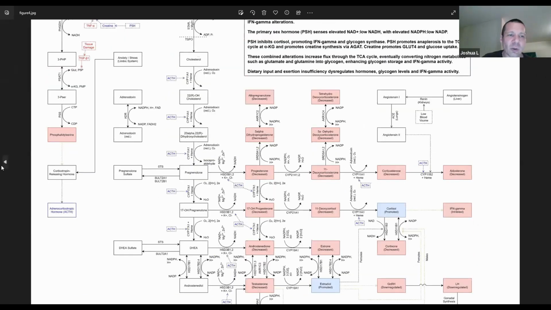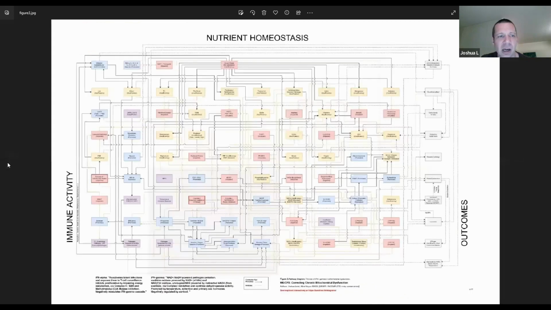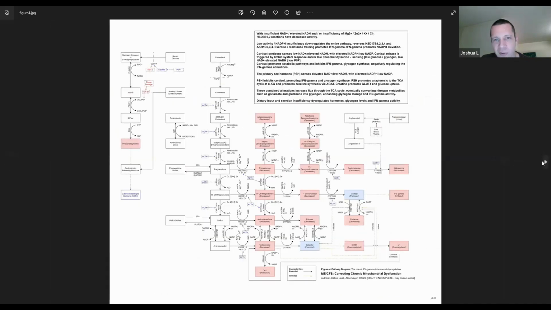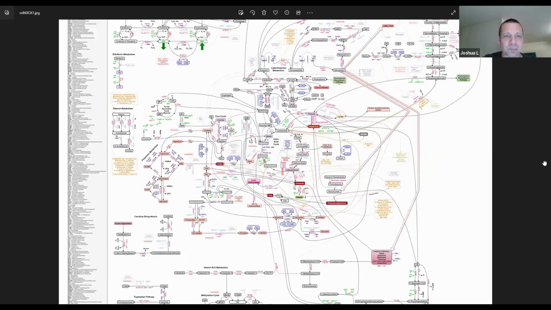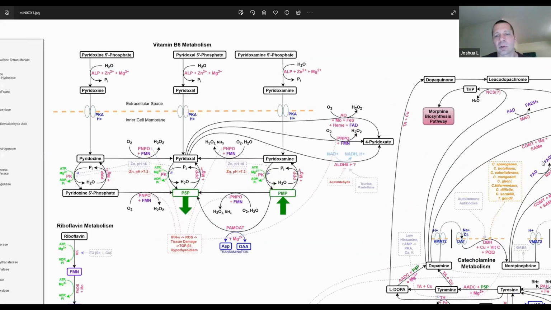The interesting thing is the way that some of these metabolites, these cofactors, are actually sensed. So, for example, we talked about the P5P being something that is being sensed.